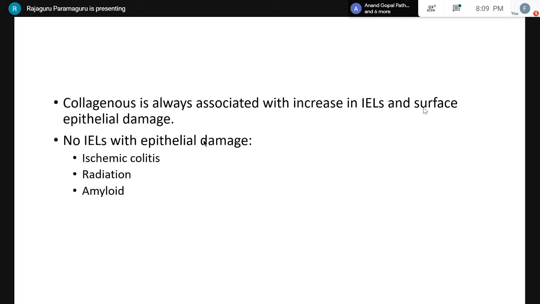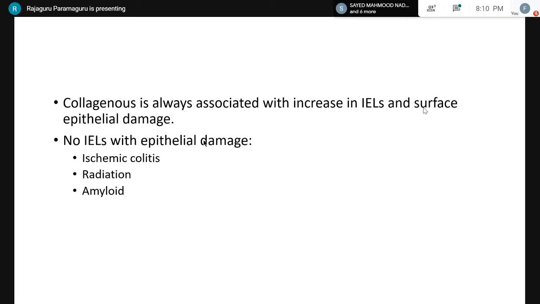Likewise, microscopic colitis also includes collagenous colitis with increase in subepithelial collagen thickness, that is more than 10 microns in thickness. And in this collagenous colitis, you will always demonstrate increase in intraepithelial lymphocytes with epithelial cell damage.